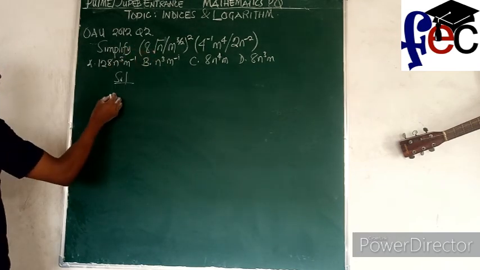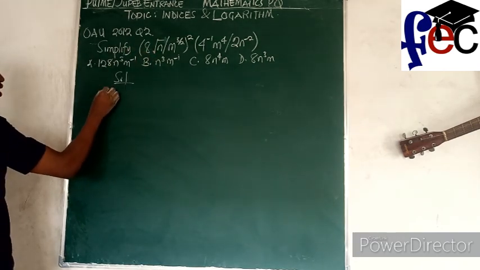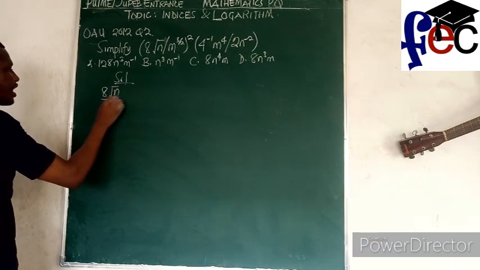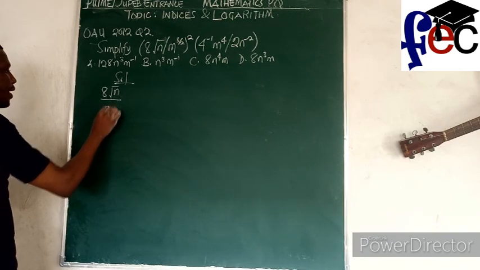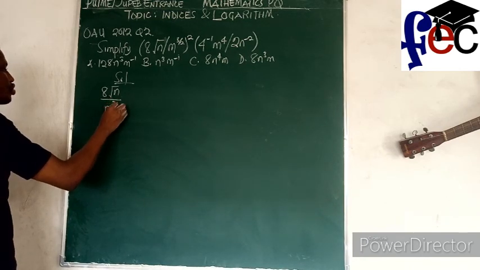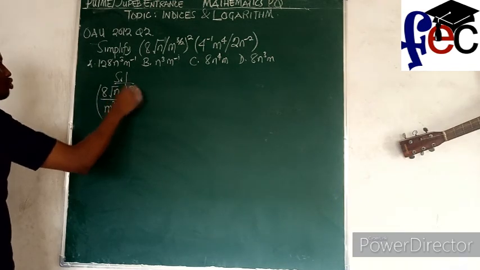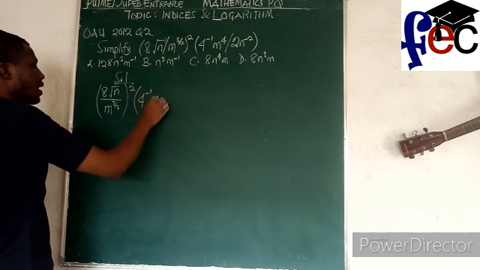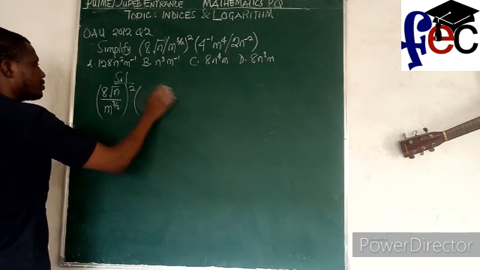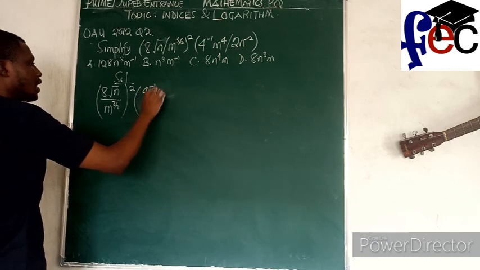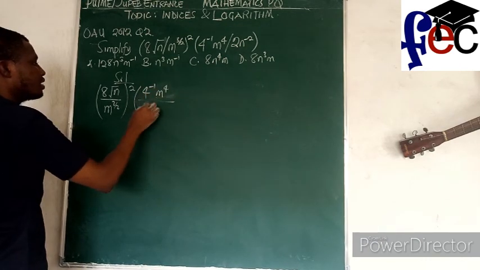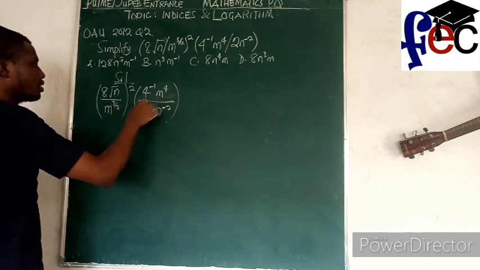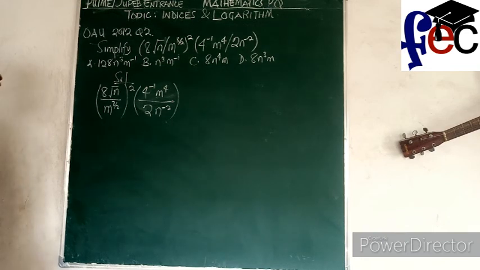So this is written as the same thing as 8 square root of n divided by m raised to power 3 over 2, everything raised to power 2, then multiplied by 4 raised to power minus 1, m raised to power 4 divided by 2n raised to power minus 2. This is what we have.